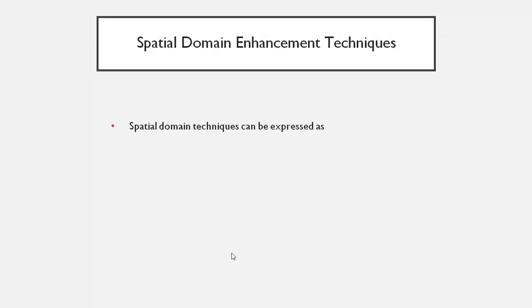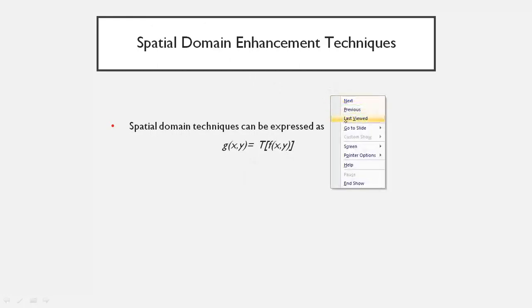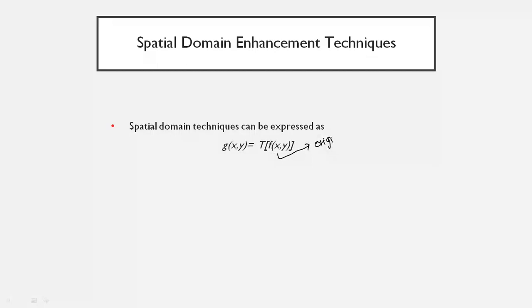So now, spatial domain techniques. The general formula for a spatial domain technique is given by g of x is equal to T of f of x. Here, f of x is our original image pixel intensity value, and g of x is the new image intensity value. It pertains to the new image.